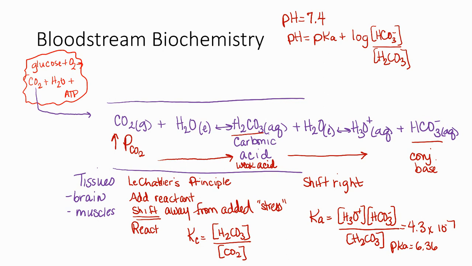Okay, so what I will do, and it's just kind of a side note, is that I can solve for the ratio of base to weak acid that we need to maintain a pH of 7.4. It's just to give you an idea of that ratio. I won't ask you to do this.